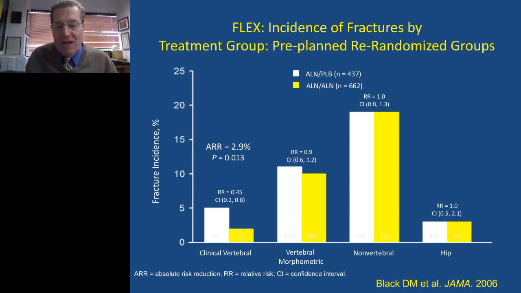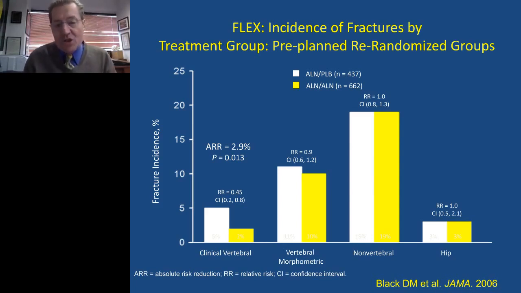And we do have some fracture data in the FLEX trial. In the people that were taken off, there were no differences, if you go from right to left, in hip fractures between those that stayed on and those that came off, in non-vertebral fractures, or in morphometric X-ray defined vertebral fractures. There was, however, a 55% greater increase in clinical painful vertebral fractures in those that came off than those in the yellow that stayed on for 10 years.